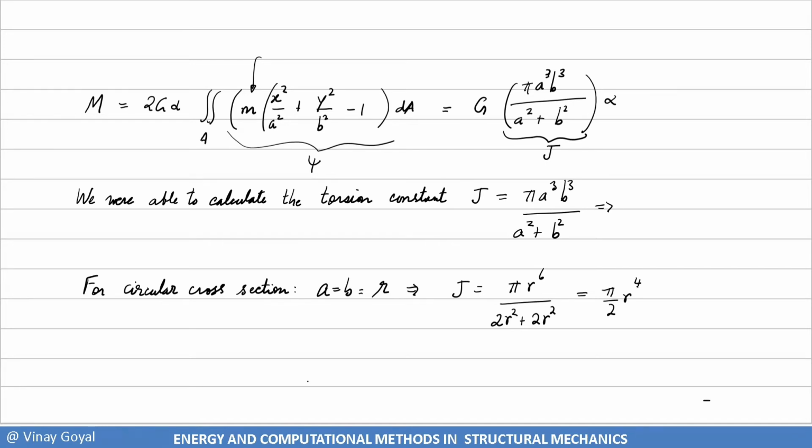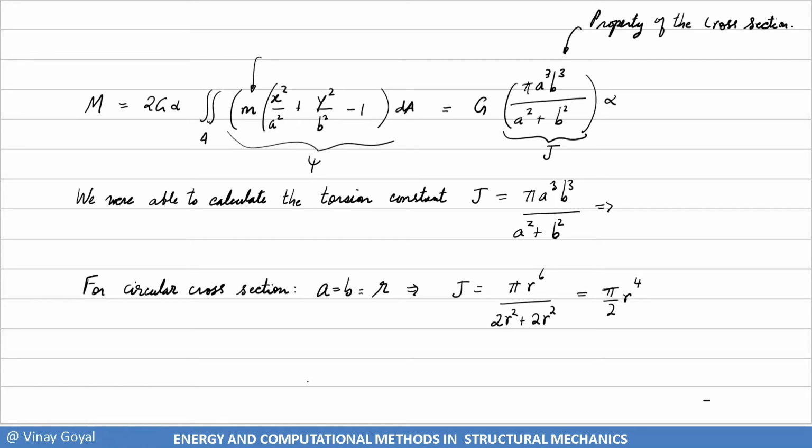So if you apply a moment, now I know exactly how much rotation I get because this is a property of the cross section. Right, that's a property of the cross sections. That's an easy calculation.